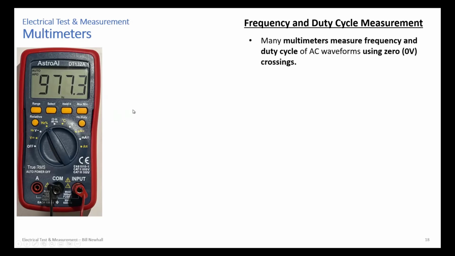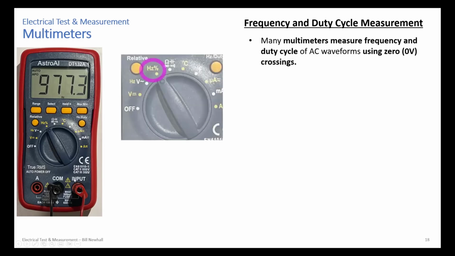When you're set to the frequency or duty cycle setting, they typically measure zero crossings. So you have to have an AC waveform applied to the common and the input on this multimeter, and the multimeter is going to sense the zero crossings of the waveform.